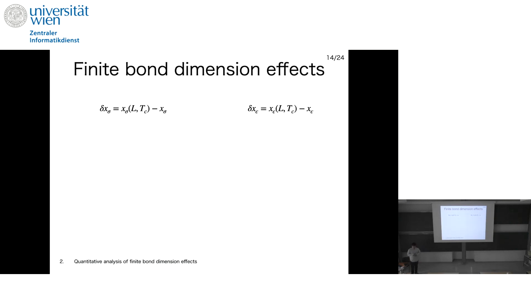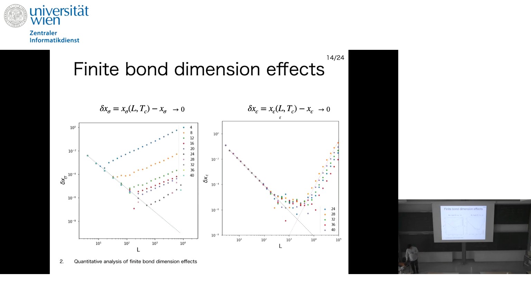So, same for MPS and TNR, we always have the problem with the critical temperature or critical parameter. Without the finite bond dimension effect, for example, the calculated finite size scaling dimension should converge to the CFT value.